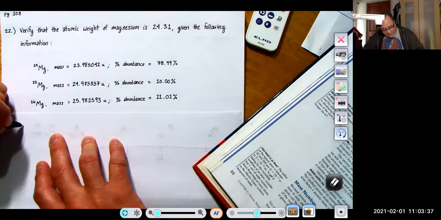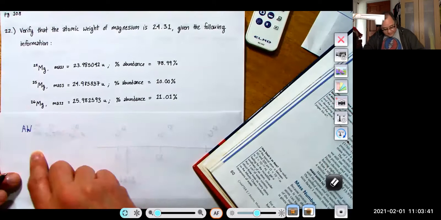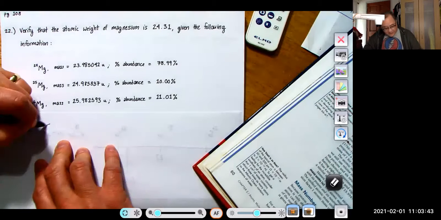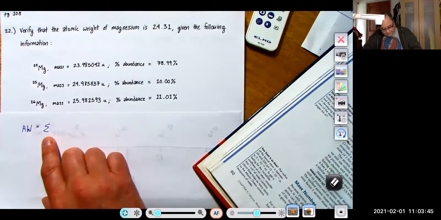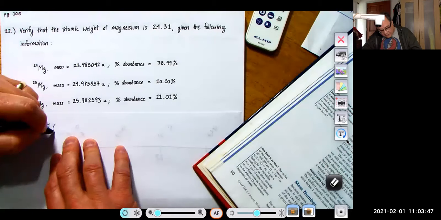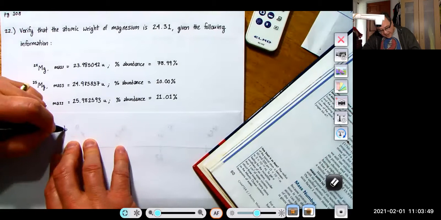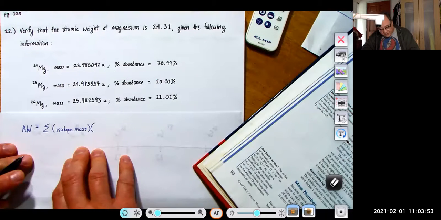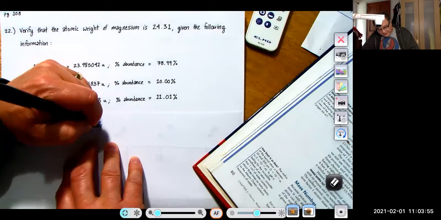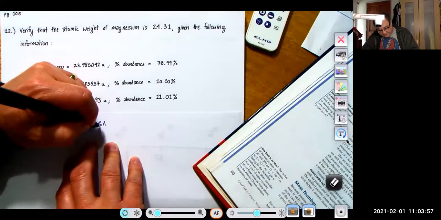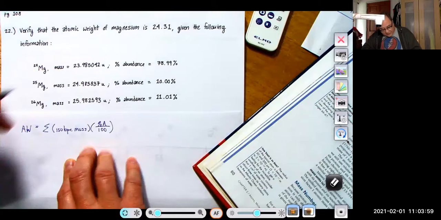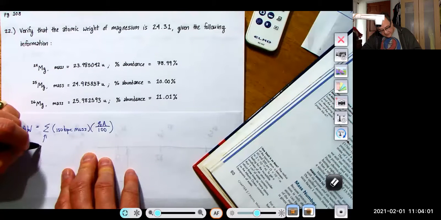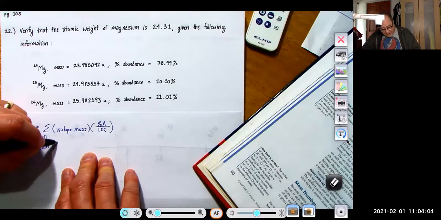The atomic weight is equal to the sum of the isotope mass times the percent abundance over 100.